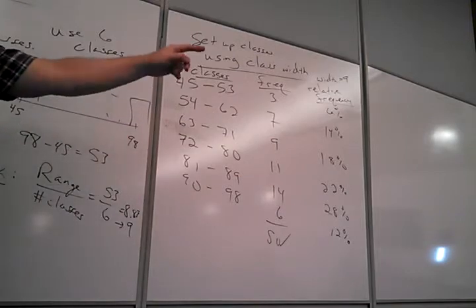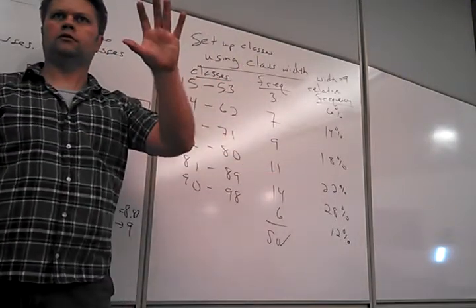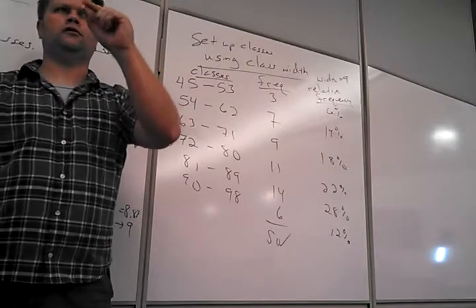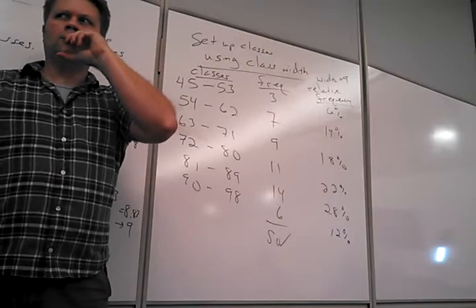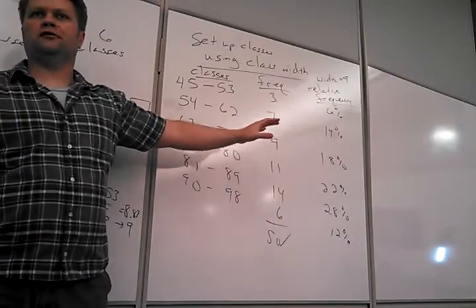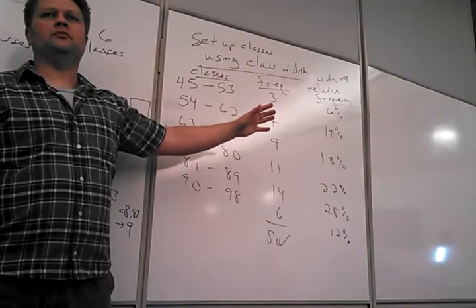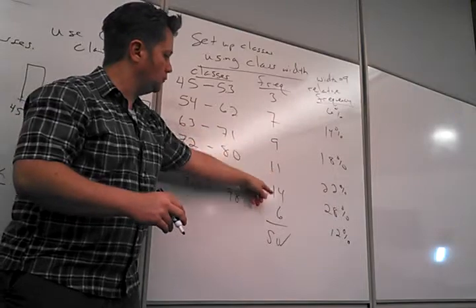Just looking at that, does it look like it's going to be normal? Does it look like it's going to be a bell curve? What's kind of wrong with this, just to give an answer away, for it to be a bell curve? Where should the highest number be? In the middle. So this looks like it goes up, up, up, down.